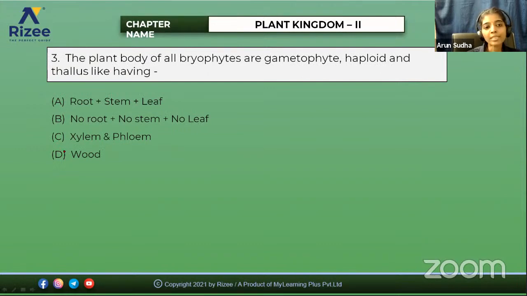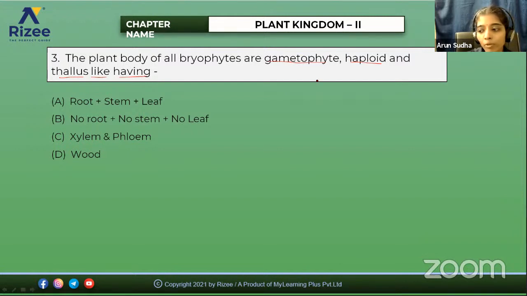So the third question is the plant body of all bryophytes: gametophyte, haploid and thallus like, having root, stem plus leaf; no root, no stem and no leaf; xylem and phloem and wood. So regarding the plant body of bryophytes, how will it be? Yes, B. Good.